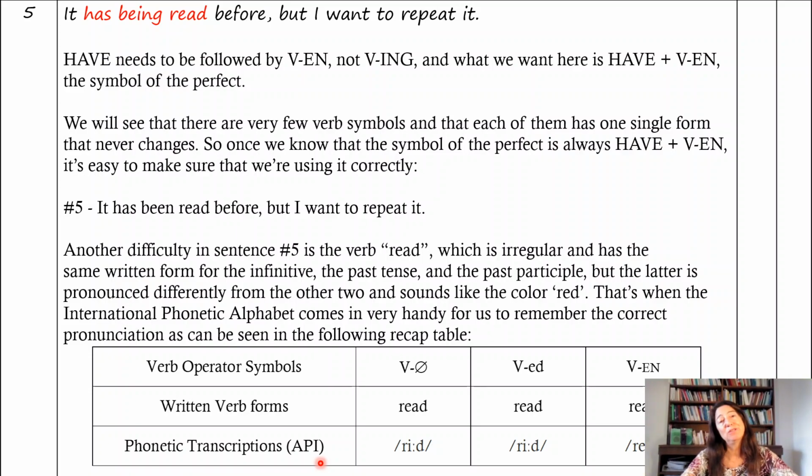And also it's been proven scientifically that if you write something down, it's like you're printing it in your memory and you remember it much more easily.